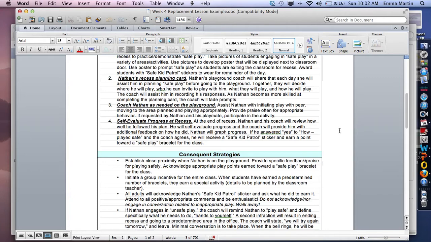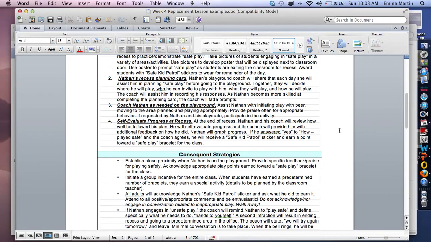Now, this worked really well because other staff, when they saw that, would ask him what he did to be on the Safe Kid Patrol. This was very important because we wanted him to get reinforced for his positive behavior, and so he could obtain adult attention by explaining what he did well.